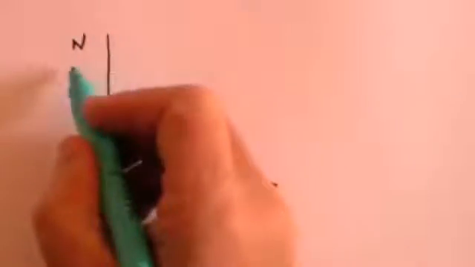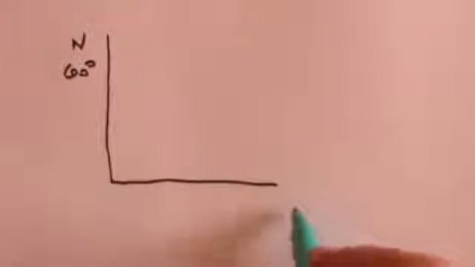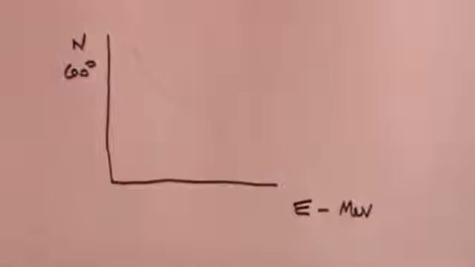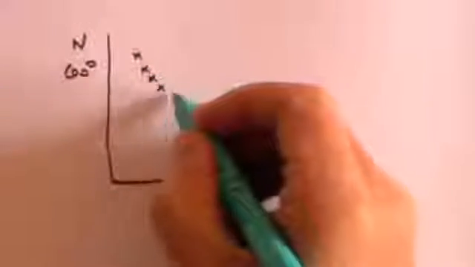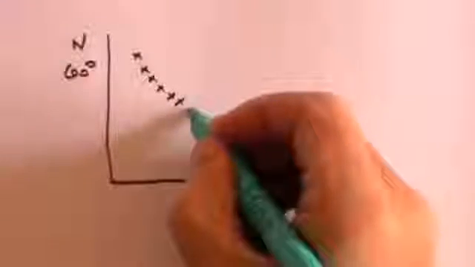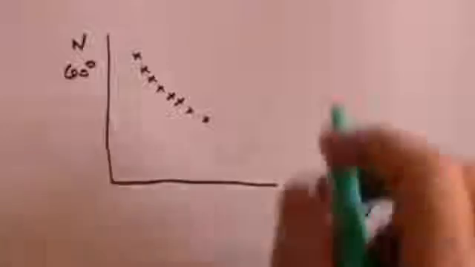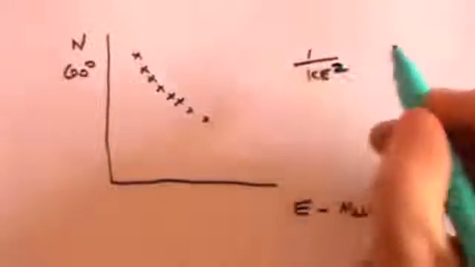If you plot the number of alpha particles at 60 degrees, it was always at 60 degrees, against the energy in MeV, what they found was that the data points all fell on an anticipated curve, which looks like a 1 over KE squared curve, which is exactly what you'd expect.